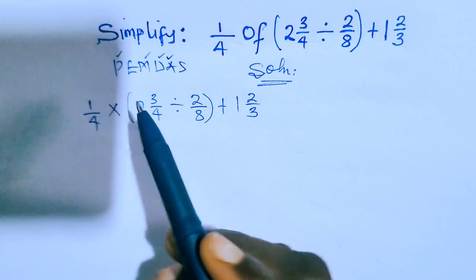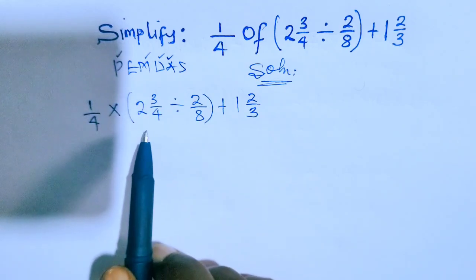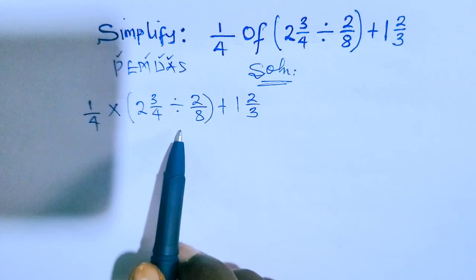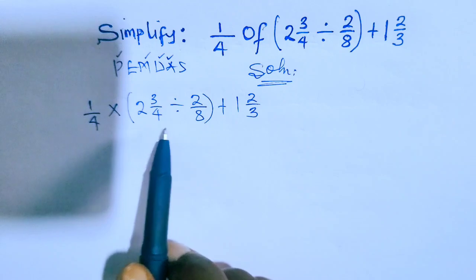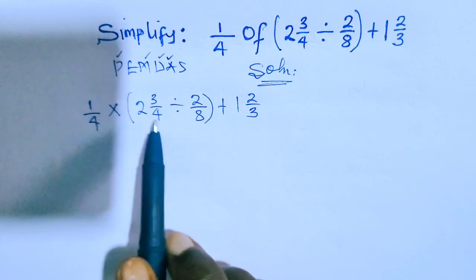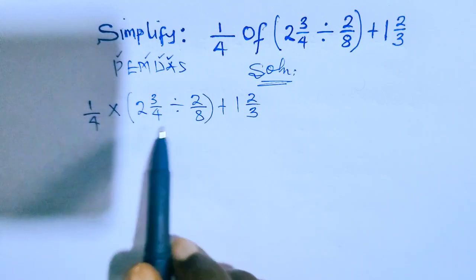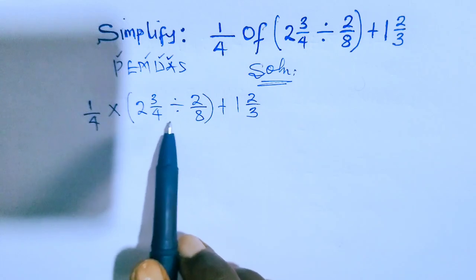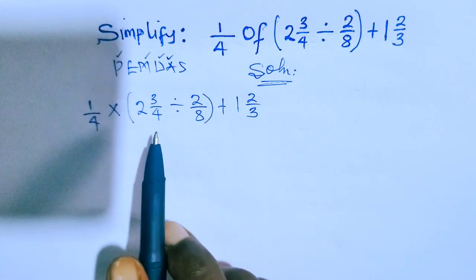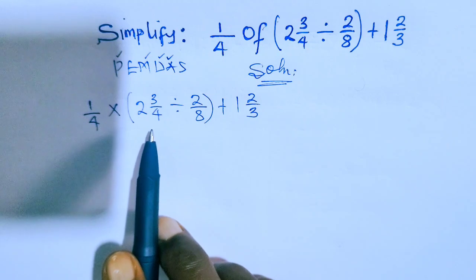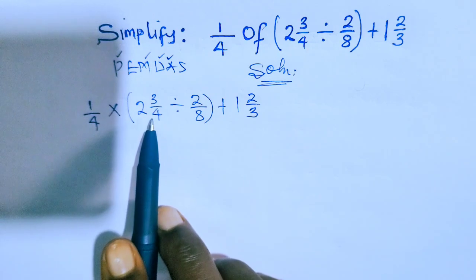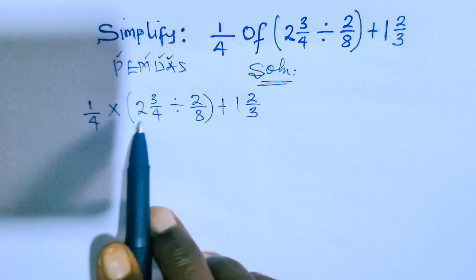Then from this order of operation, we are going to treat parentheses first. But we are going to simplify the terms in this brackets first. Now inside the parentheses, we are going to convert this mixed fraction to an improper fraction first.